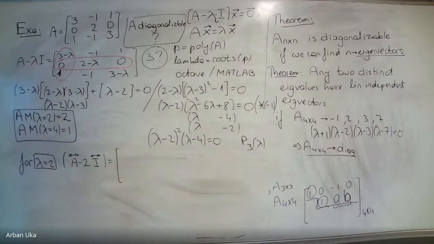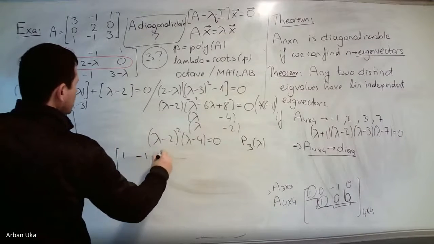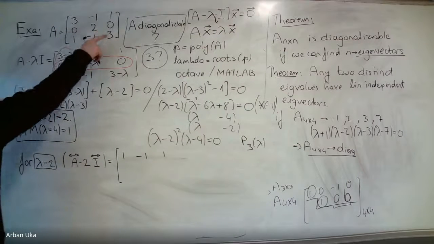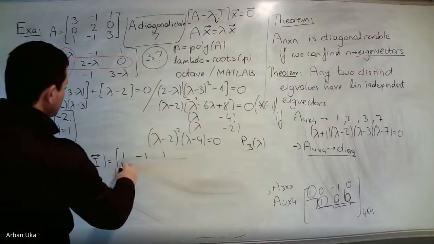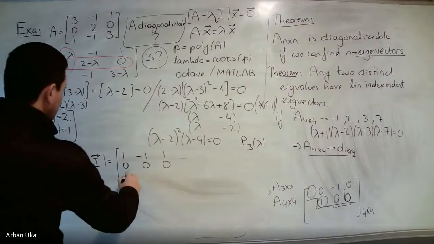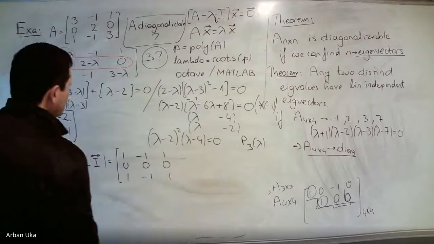So what is A minus 2I? A minus 2I, we obtain that we have here 3 minus 2, this is 1, minus 1, 1. Can you see this, how we got this? Then we have 0, 2, 0. If you subtract 2, this becomes 0, 0, 0. And then we have 1, minus 1, and 1.